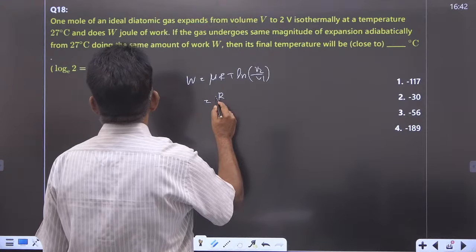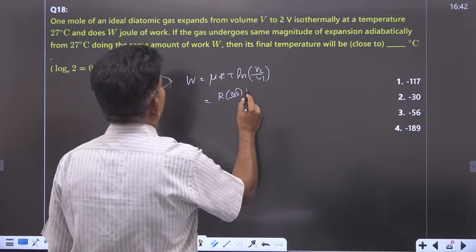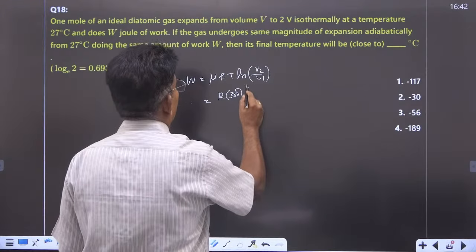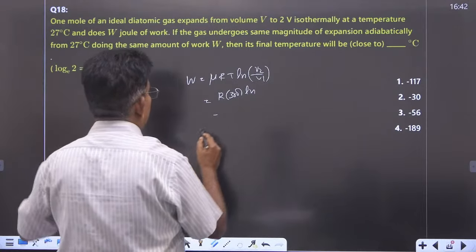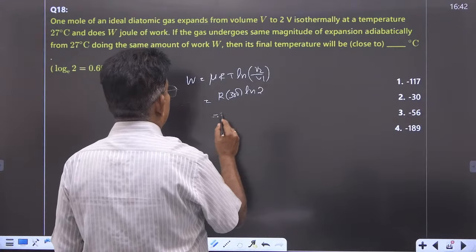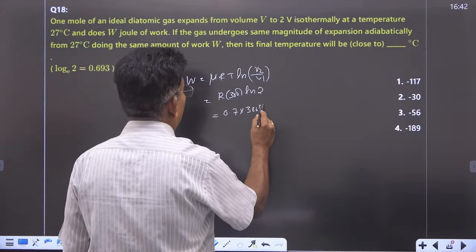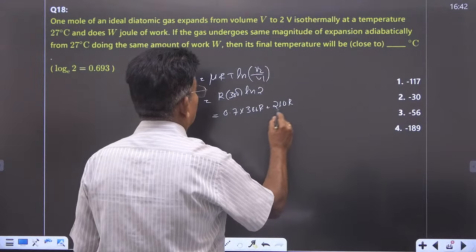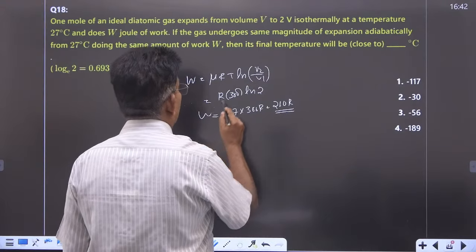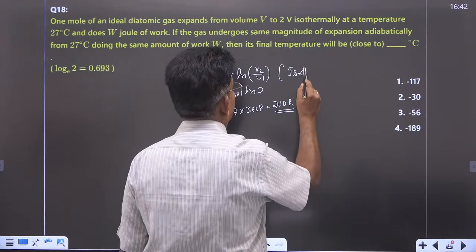At what temperature? 27 degrees, that is 300. And log of V2 by V1. V2 is 2. Log 2 is given to be nearly 0.693. That is nearly 0.7 into 300 R. That comes to be 210 R. This is work done in what process? Isothermal process.